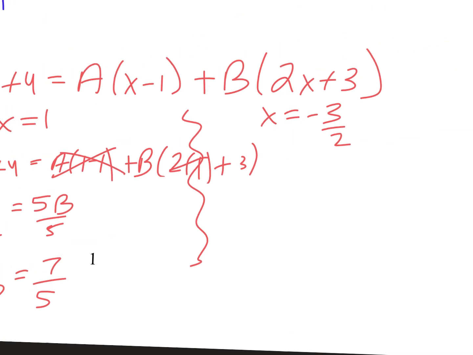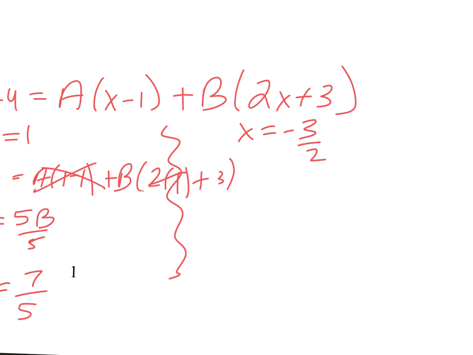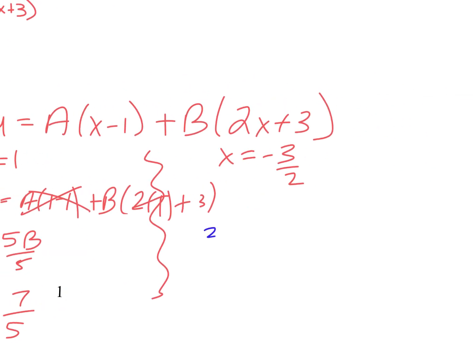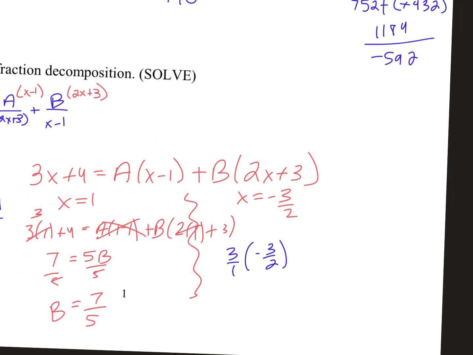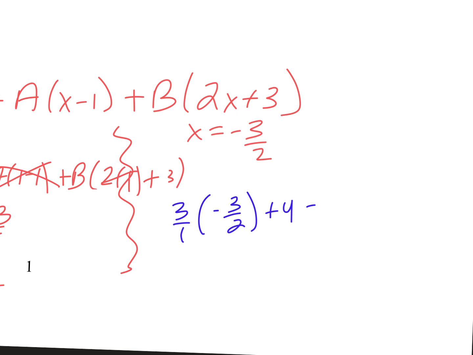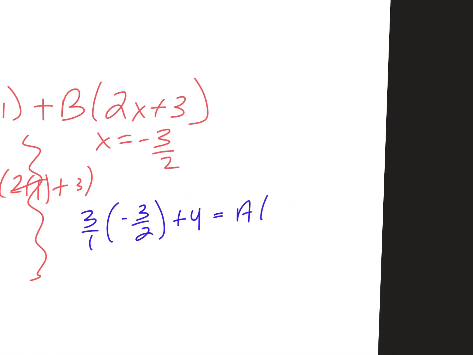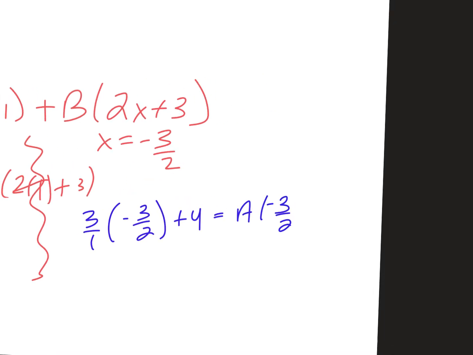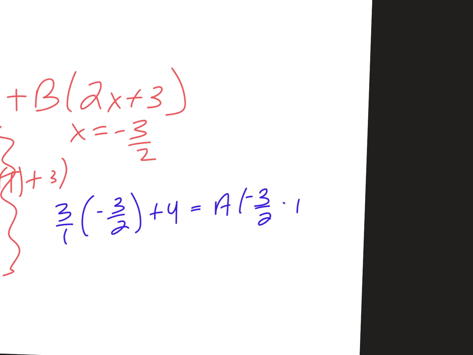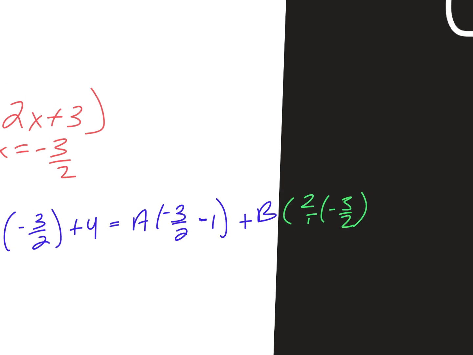All right, I'm going to do the same thing over here, but now I'm going to evaluate the equation with what number? Negative 3 over 2. Okay, so I have 3 over 1 times negative 3 over 2 plus 4 equals A times (negative 3 over 2 minus 1) plus B times (2 over 1 times negative 3 over 2 plus 3).